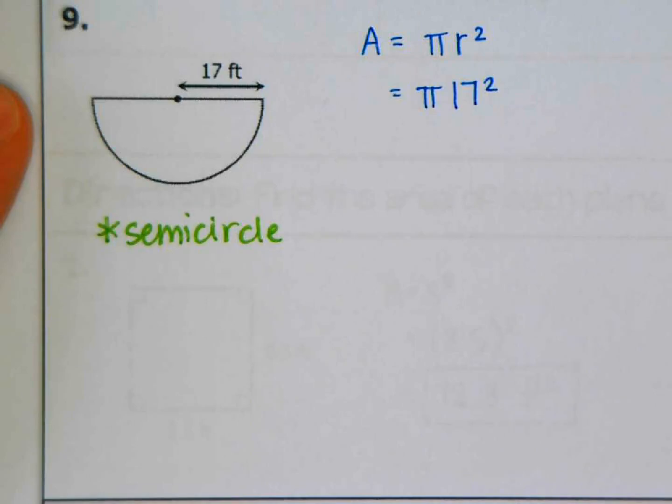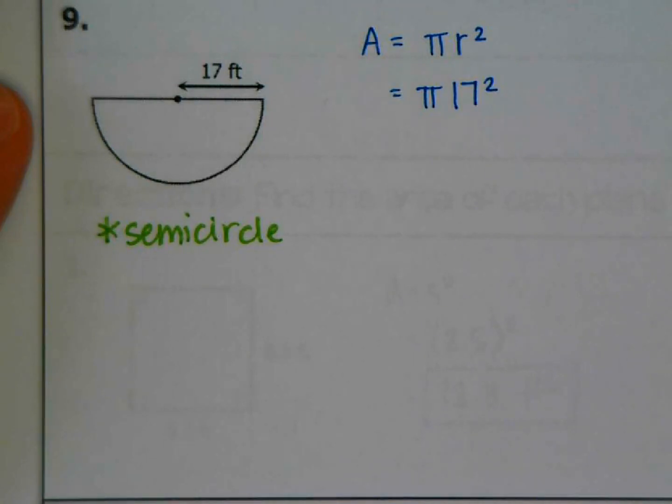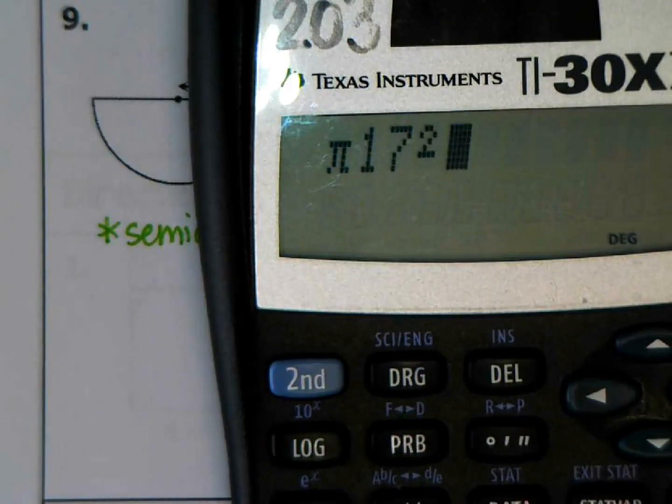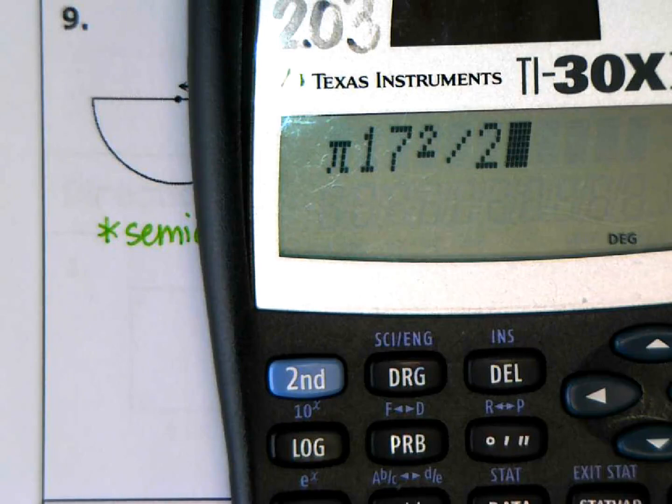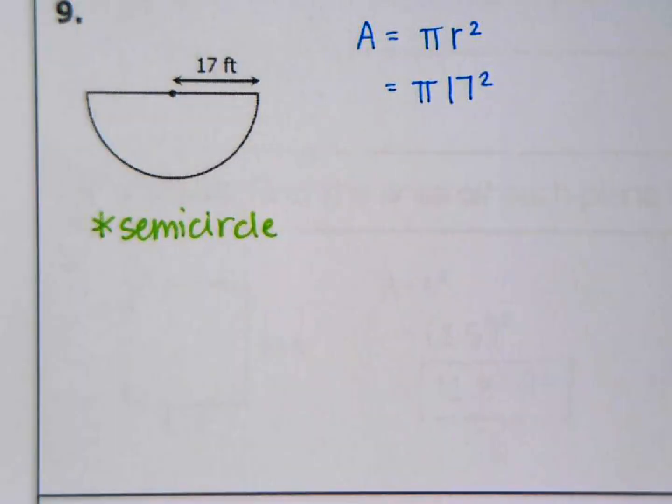And then when I do pi 17 squared, you can go ahead at the very end, divide by 2, because we're only looking at half a circle, so I'm just going to cut it in half. So I'm essentially doing this.